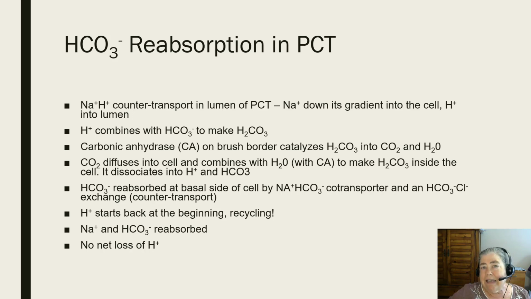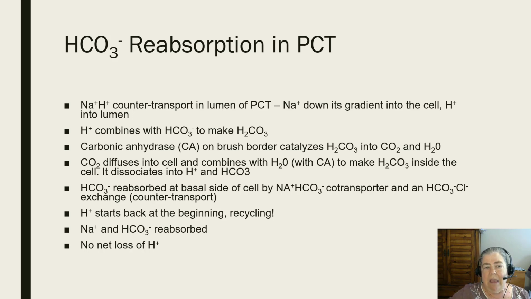The carbon dioxide, if you remember, can freely diffuse across cell membranes. So the carbon dioxide diffuses into the cell and combines with water inside the cell with carbonic anhydrase, and that catalyzes this reaction in both directions to make carbonic acid inside the cell that now again dissociates into hydrogen and bicarb.